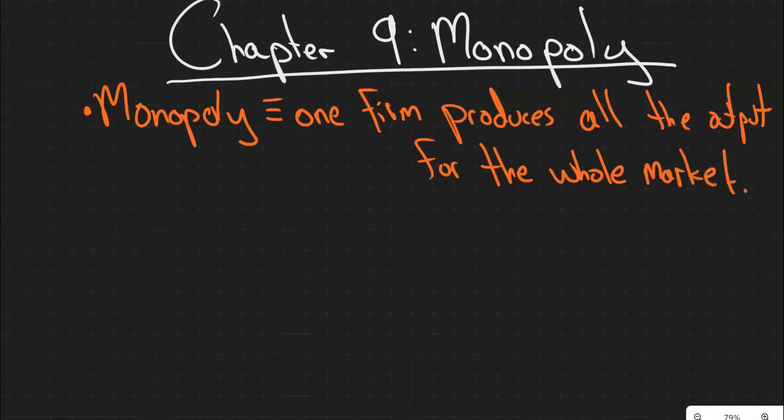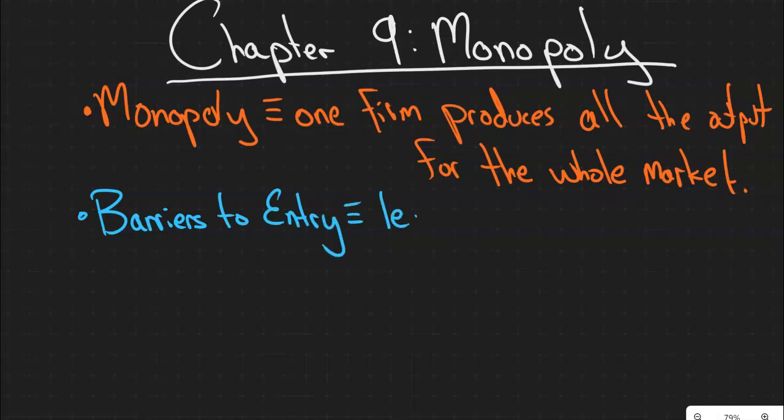Now, we talked about how there was free entry and exit in the perfectly competitive land. Now we have a situation where there are barriers to entry. These barriers to entry may be legal. You might need to get a copyright. Somebody else might have patented it already. It might be technological.